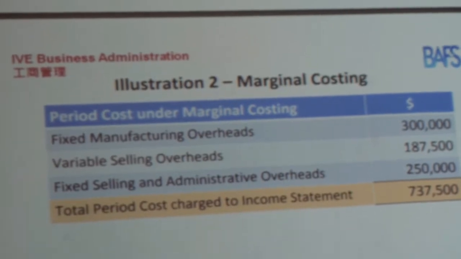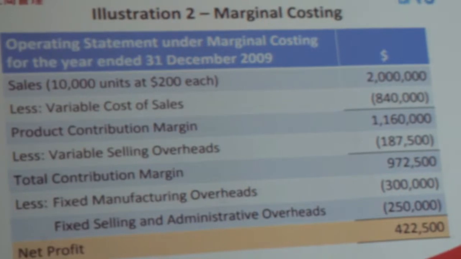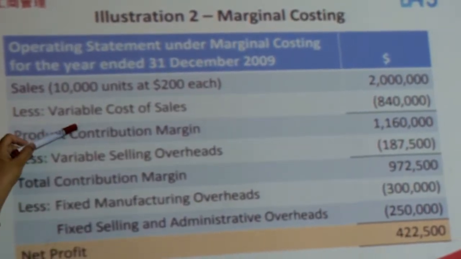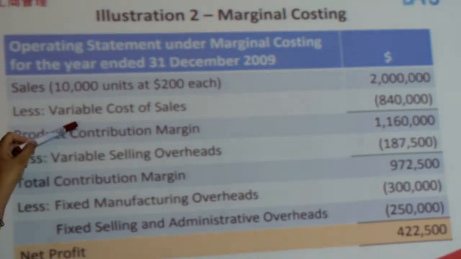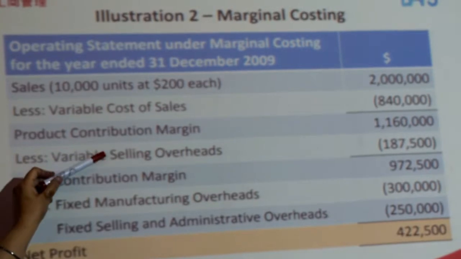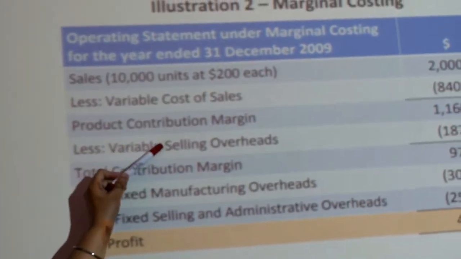And then we have produced the income statement. So sales, less variable cost of sales, 340,000. It gives you not profit, but they use a new terminology under marginal costing. They call it contribution.